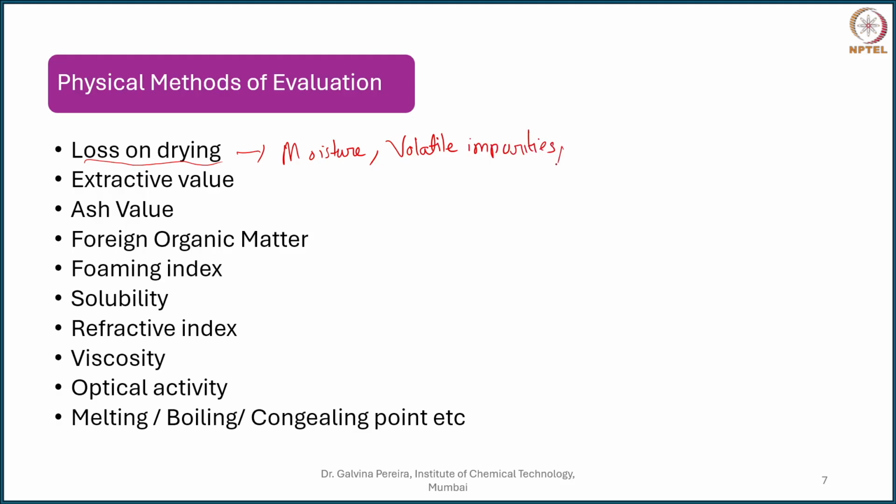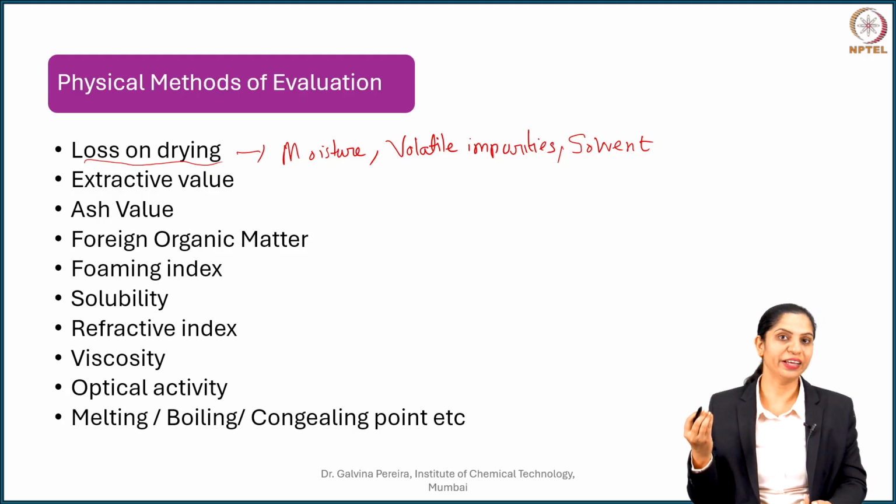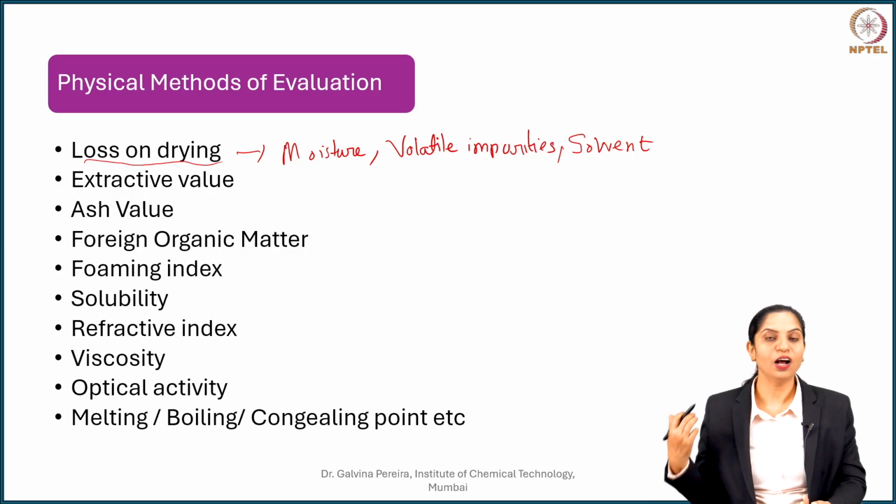If you have certain extracts where the solvents haven't evaporated properly, those solvents are also going to evaporate. Then we have extractive value. If I extract about 100 gram of drug, how much of it is going to be water soluble? How much of it is going to be alcohol soluble?